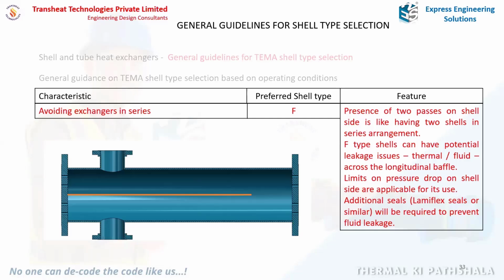These seals are again prone to damage during maintenance activities. Once you pull out a bundle, it gets damaged, and the seal has to be replaced. So the general preference of many consultants and clients is to avoid F-type shells, though that doesn't mean they're not used. We have done quite a few F-type shells with seals in the recent past actually.